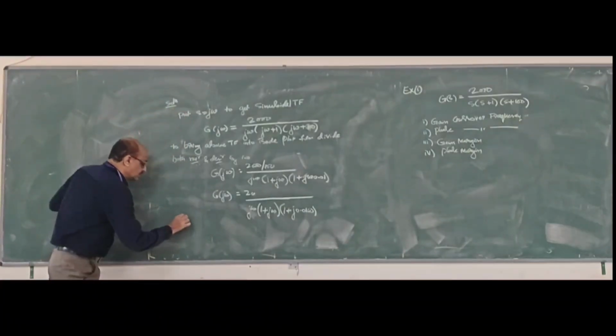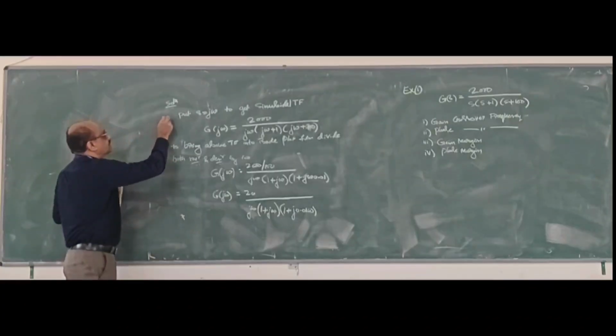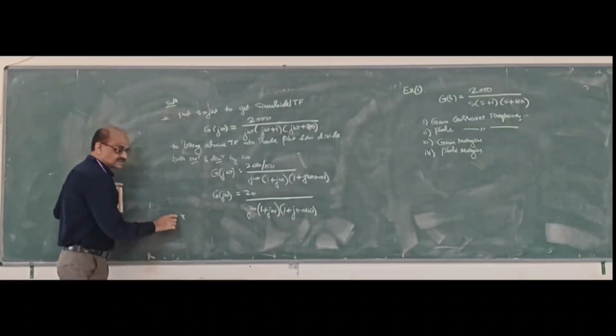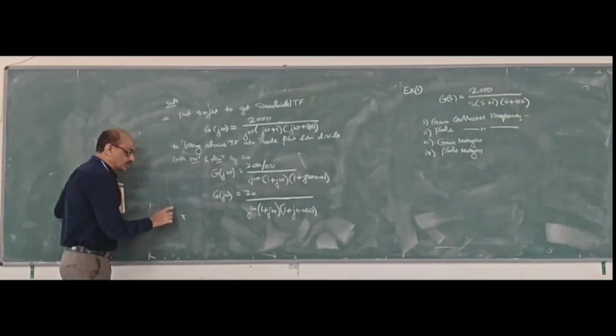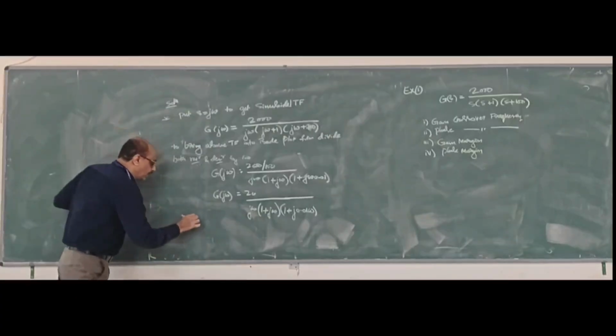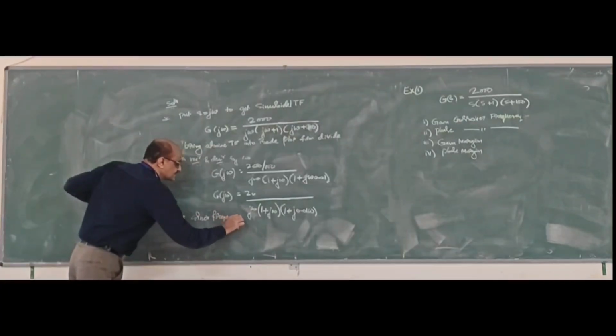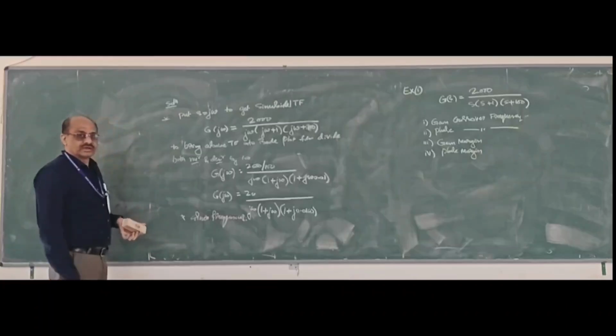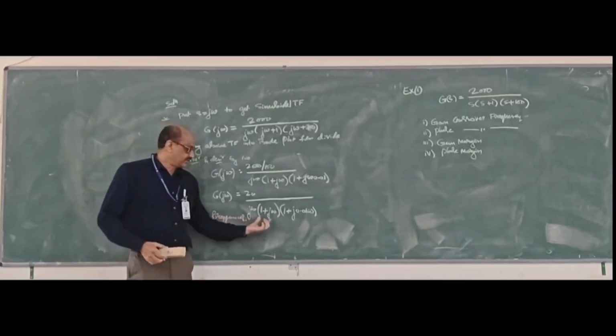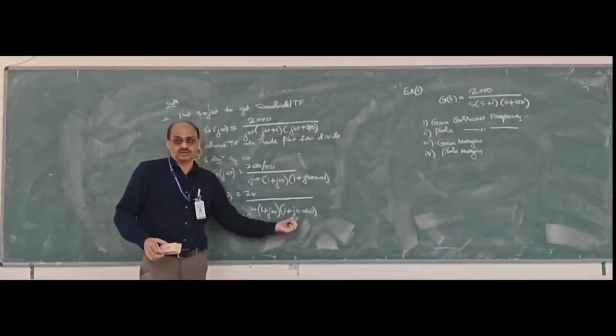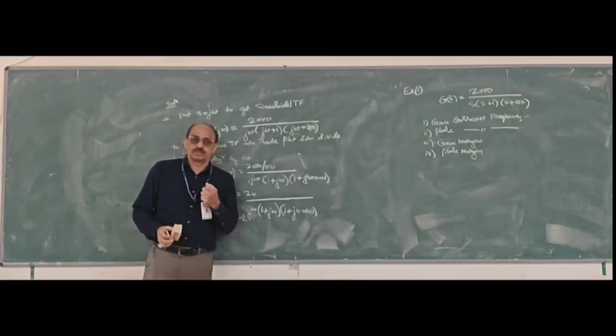After the first step, the next step is to write the corner frequencies. I get corner frequencies only for the first order poles.